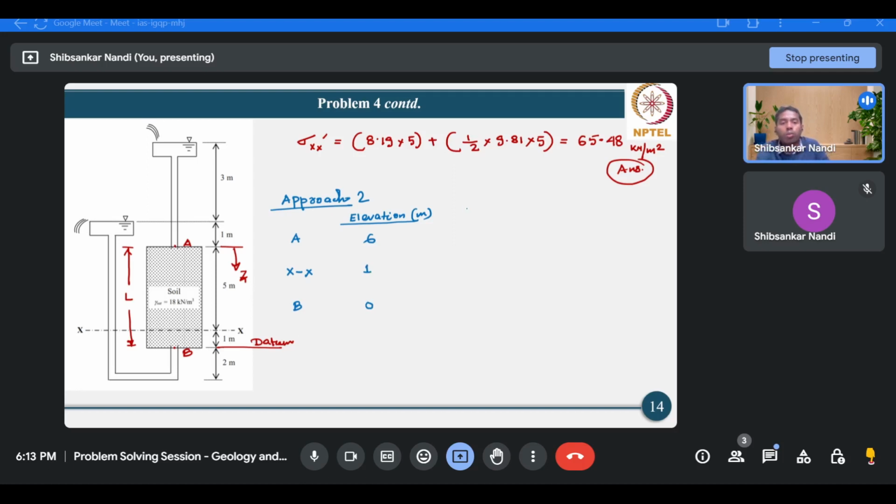And what is the total height? So this is elevation height and this is total height, and then we'll calculate the pressure height.